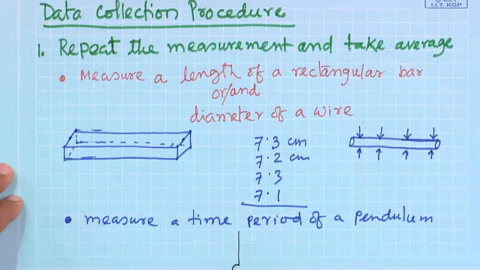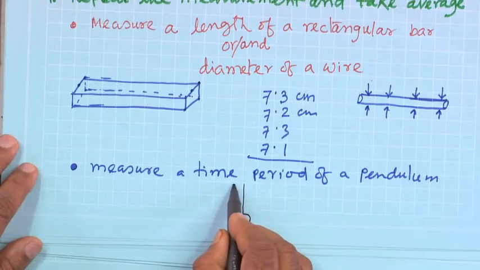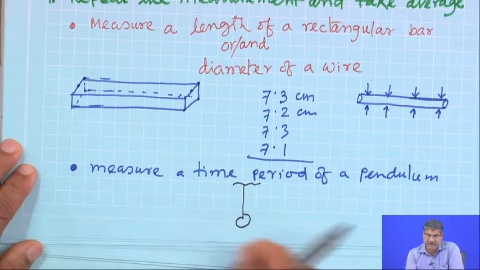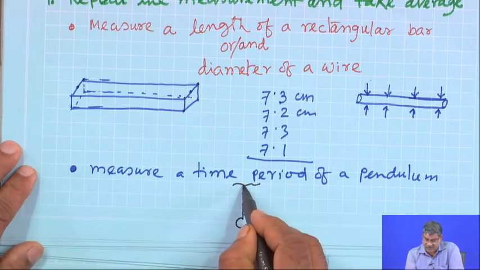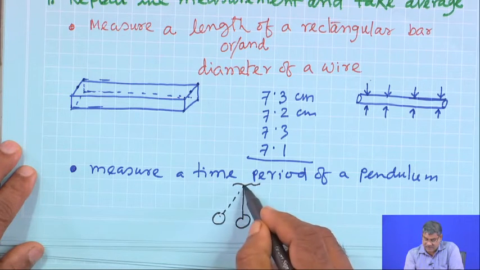In this case, the pendulum is basically just one mass bob hung with a thread. If you disturb it once, it will oscillate.